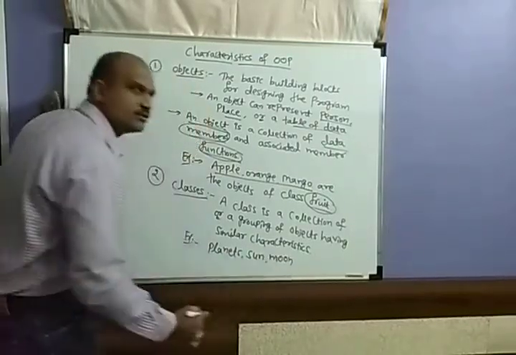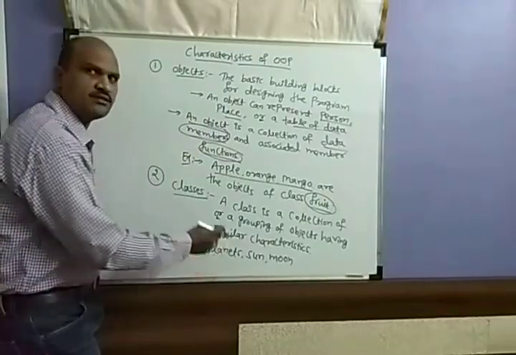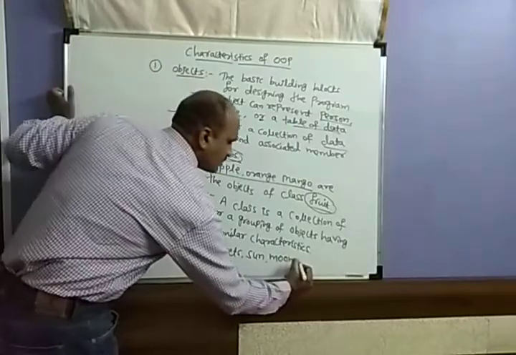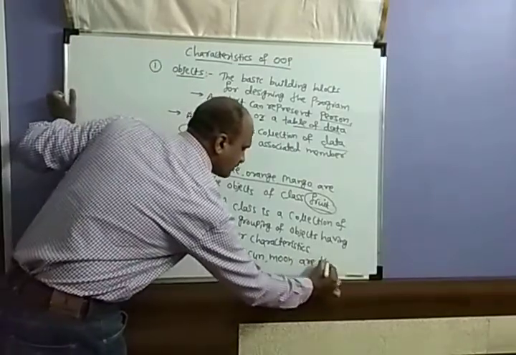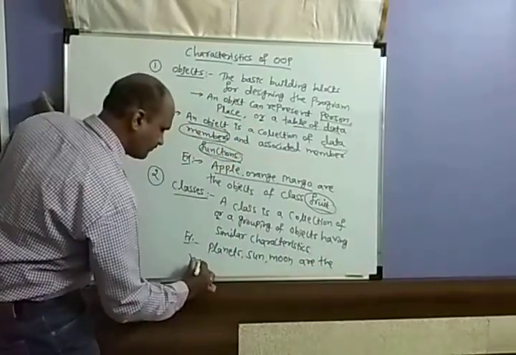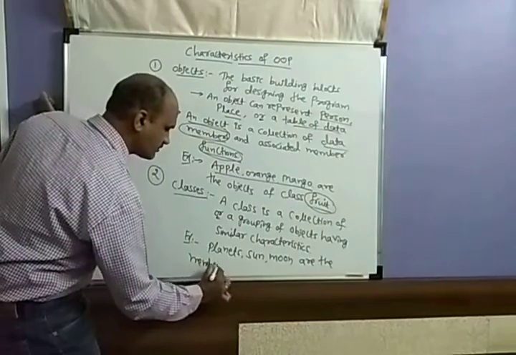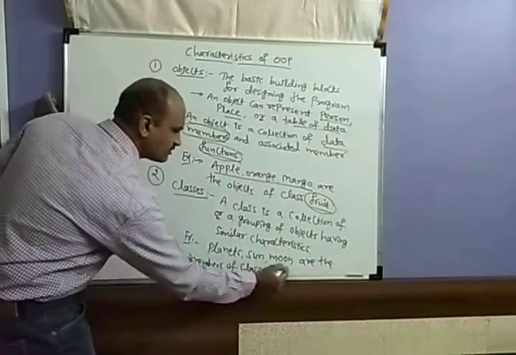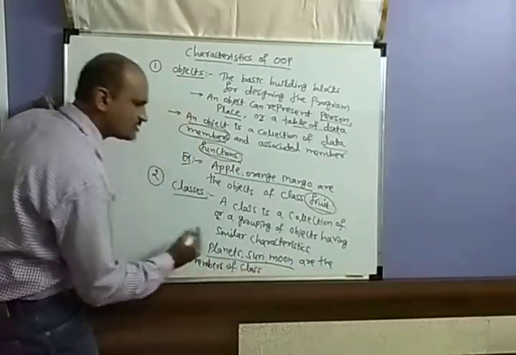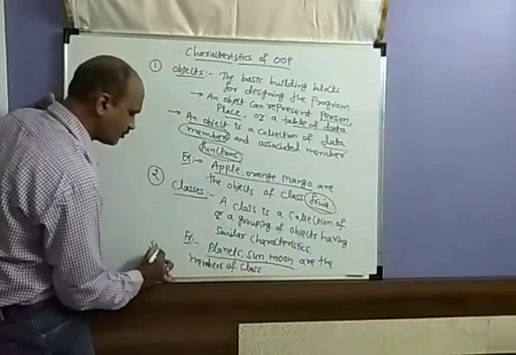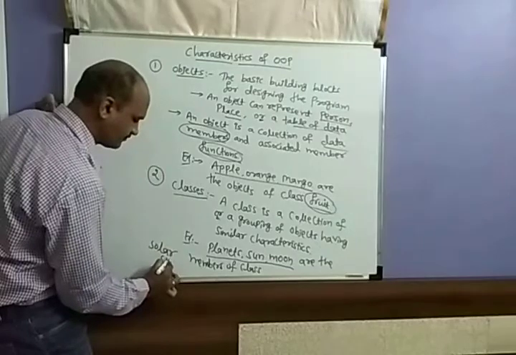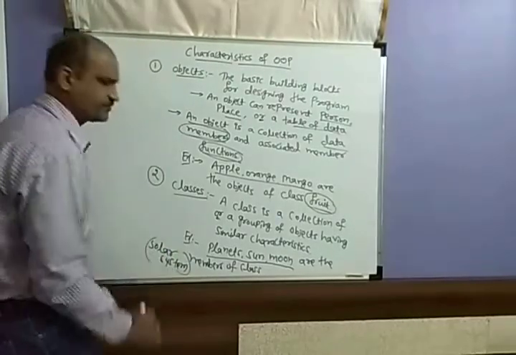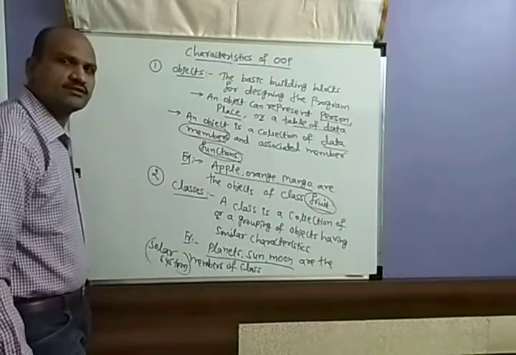These planets, sun, and moon are the members of a class, that is, the class solar system.